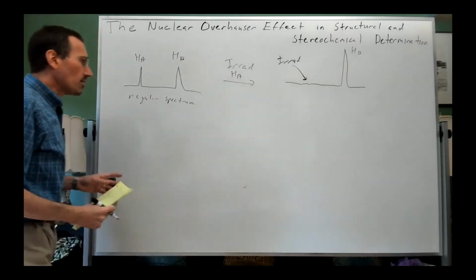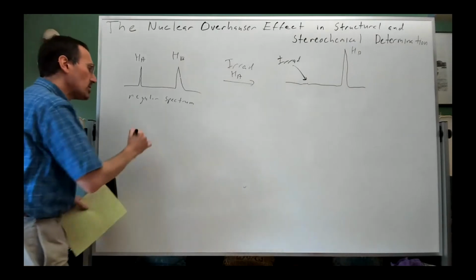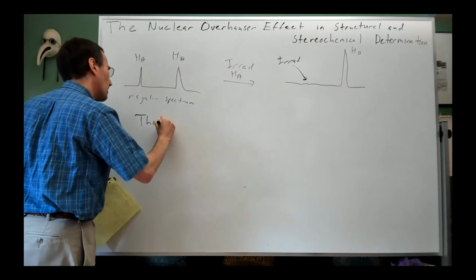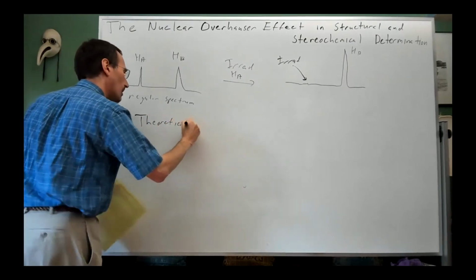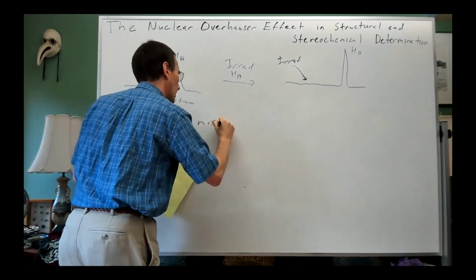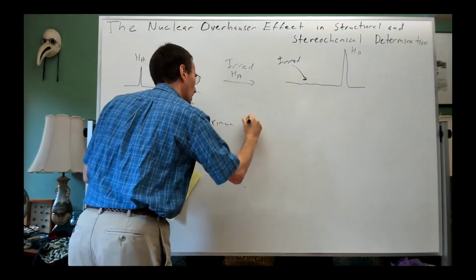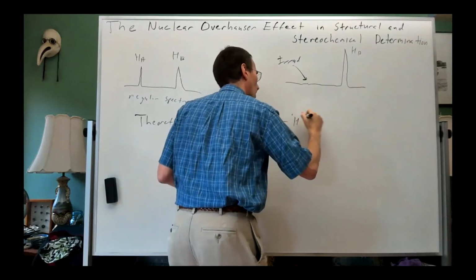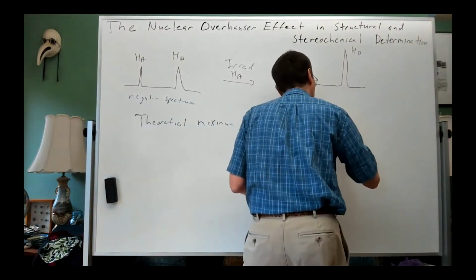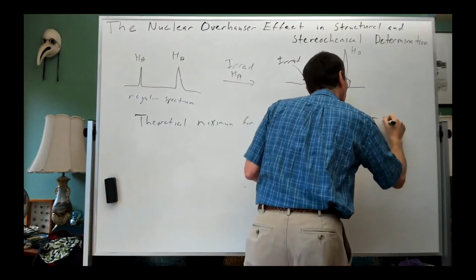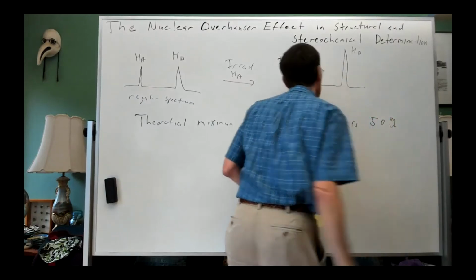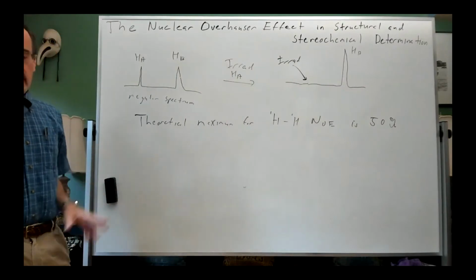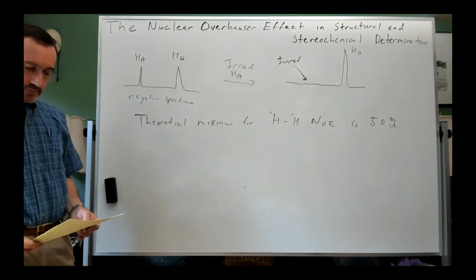The theoretical maximum for an H-H NOE is 50%. In other words, in practice, that signal could get up to 50% bigger.